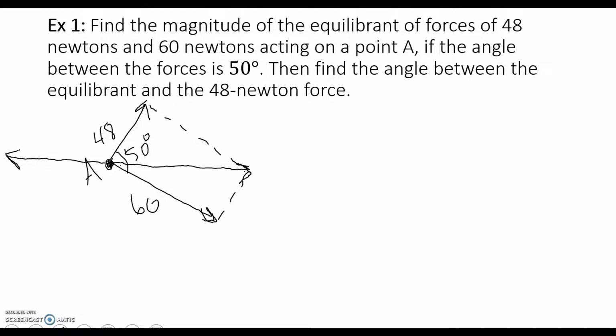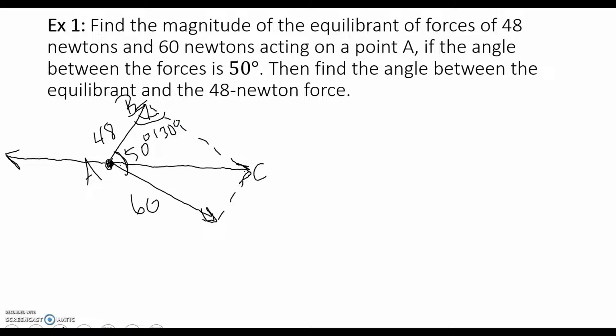Let's label this side over here B, and this side C. Remember, in a parallelogram, adjacent angles are supplementary. So this 50-degree angle here and this angle here add to 180. That means this angle here has to be 130 degrees.